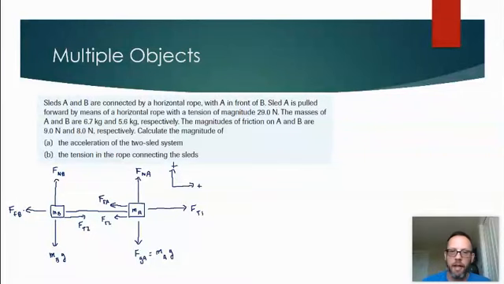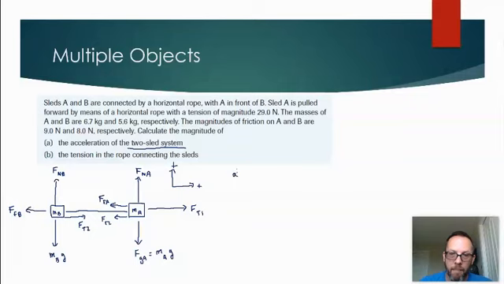So now let's get to using Newton's second law to analyze the problem. We're asked to find the acceleration of the two sled system. So that's kind of a clue. In cases like these, where you have two objects that are connected together and they're moving with the same acceleration, you can often treat them as a single mass.